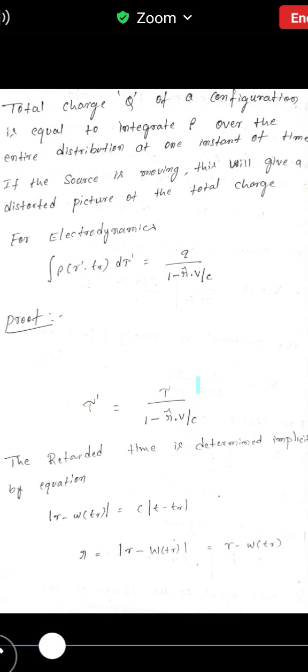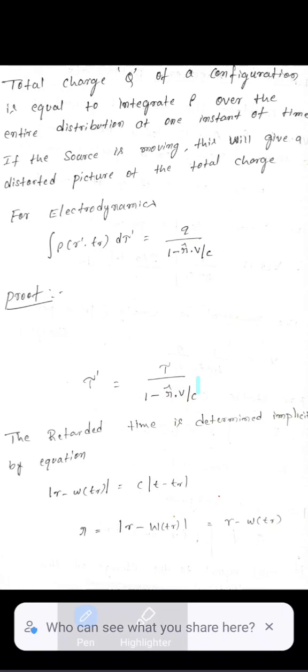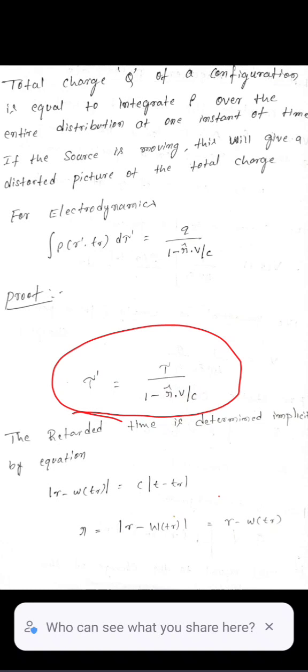Okay, here tau dash is the volume of the moving charges, and tau is the actual volume.